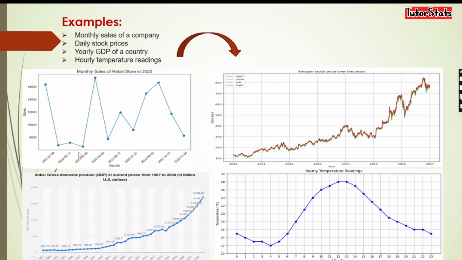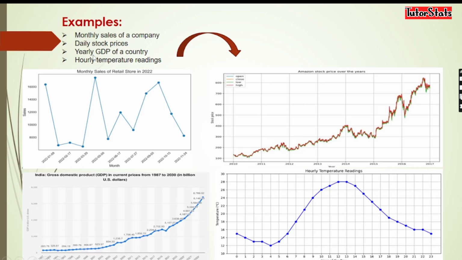If you look at this graph, each point shows sales for 1 month. The data is collected month by month, and order is very important. January sales affect February planning, and February sales affect March production. So this is a perfect example of time series data.